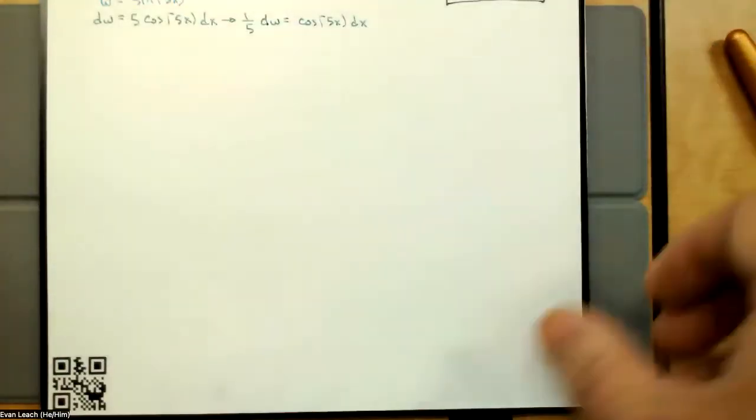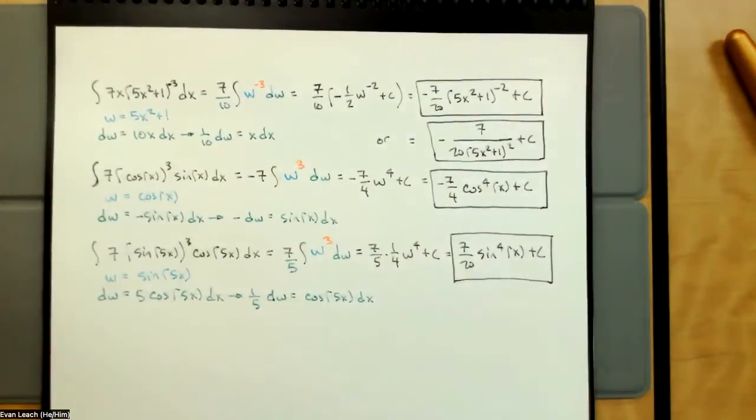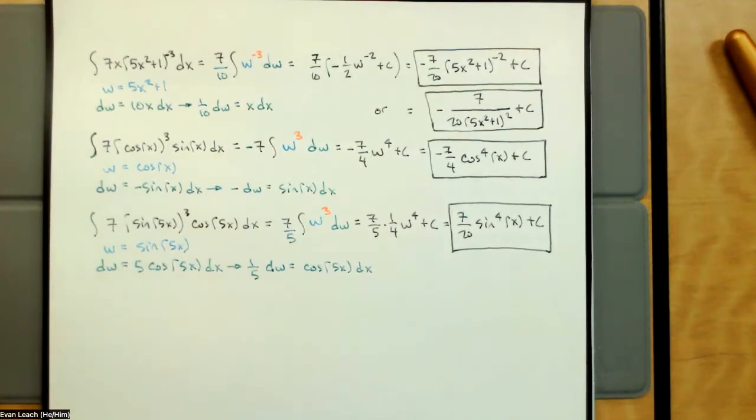And then in problem 9, I switched it up a little bit and made it w to the negative third is what you're actually integrating. And then in problems 10 and 11, we're just integrating a w to the third again.